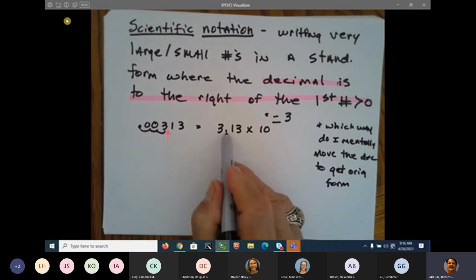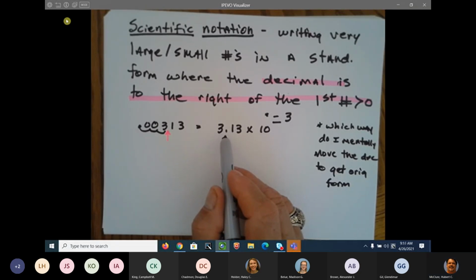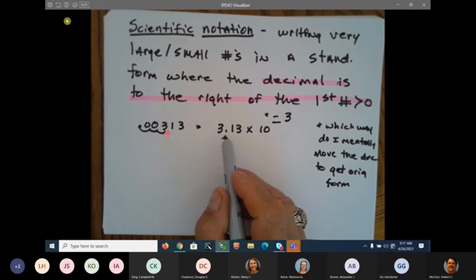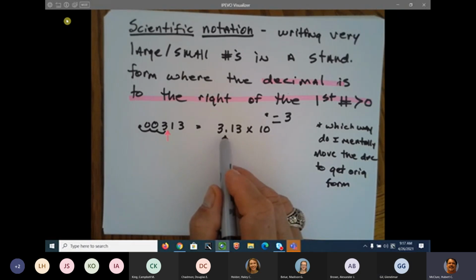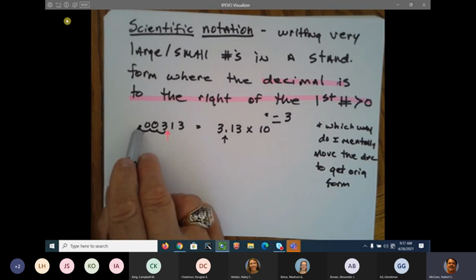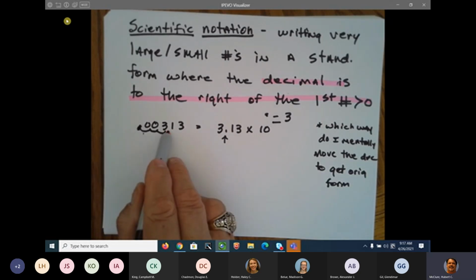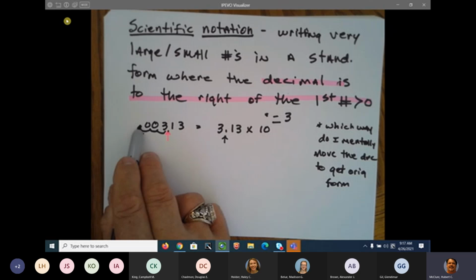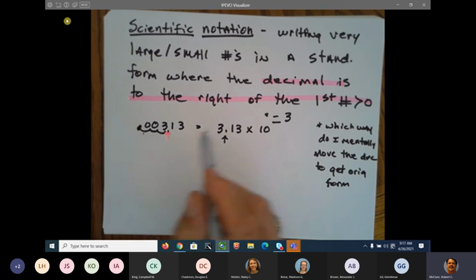There's my decimal right there. What does mentally mean? In your head. Which way do I move this decimal in my head to get it back to the way it was? To the left, and left means negative.